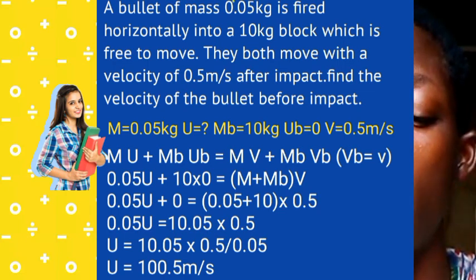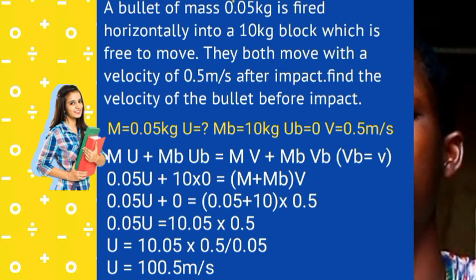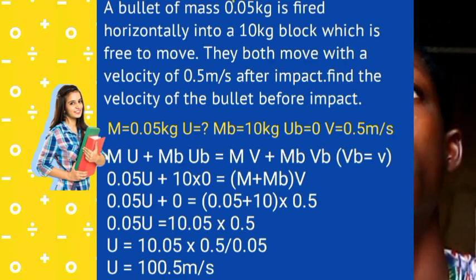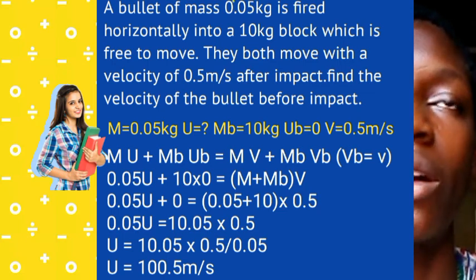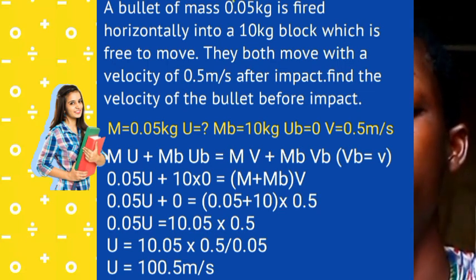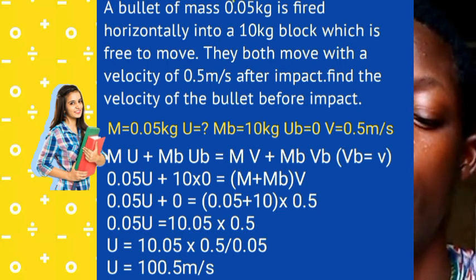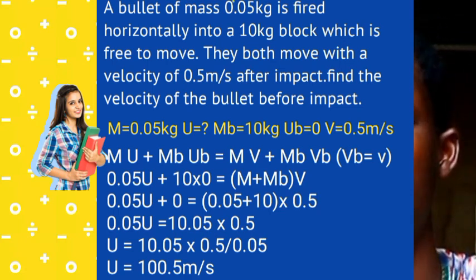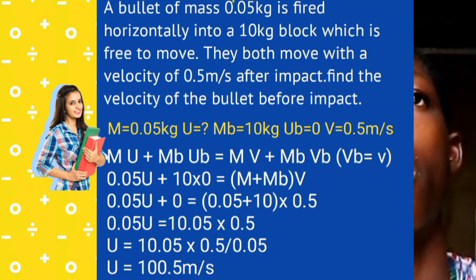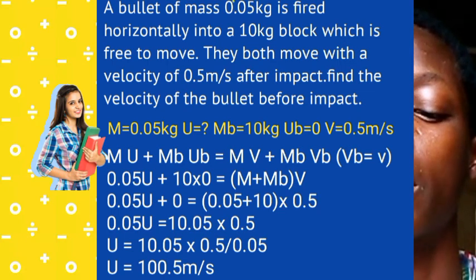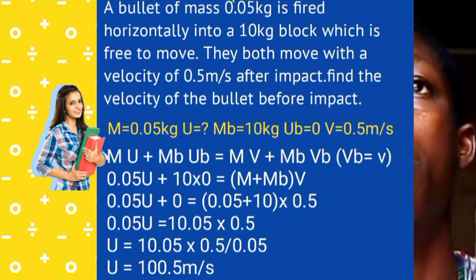From the law of conservation of linear momentum, the total momentum before the collision equals the total momentum after the collision. Then m1 and u1, the mass and initial velocity of the bullet, plus the mass and initial velocity of the block, equals the mass of the block plus the mass of the bullet into bracket the velocity at which both move.